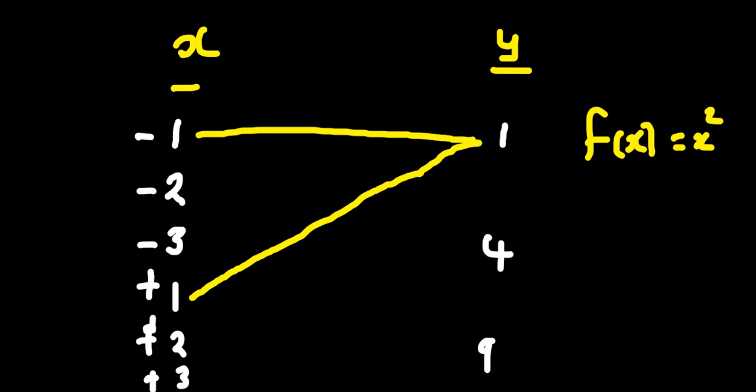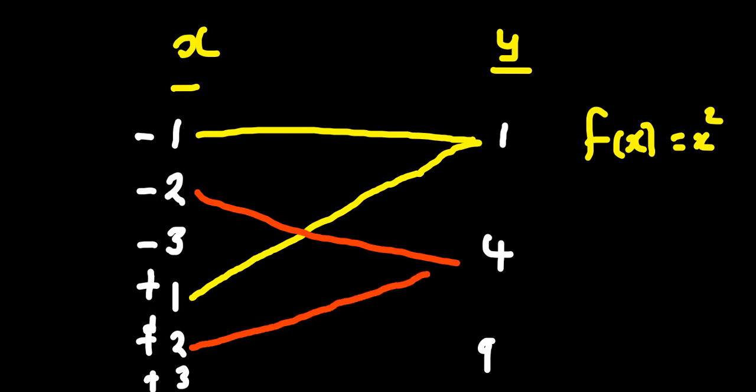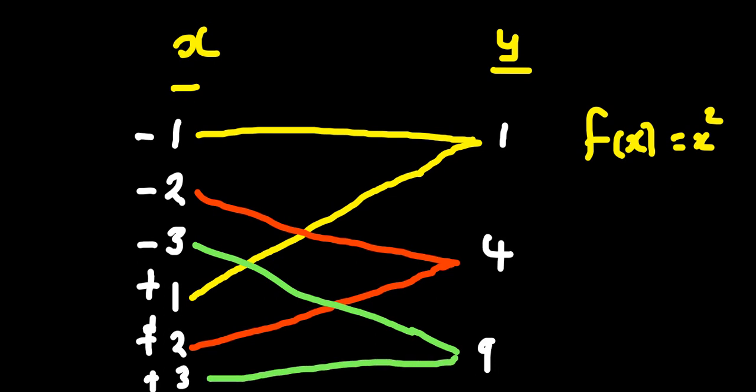Then we're also able to see that -2 is giving you a 4, +2 is also giving you a 4. Then -3 squared is giving us a 9, +3 squared is also giving us a 9.